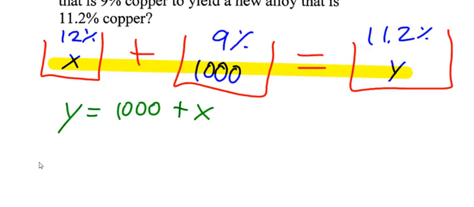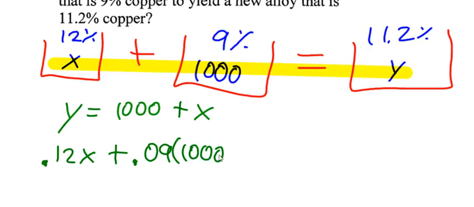So 0.12 times X plus 0.09 times 1,000 equals 0.112 times Y.